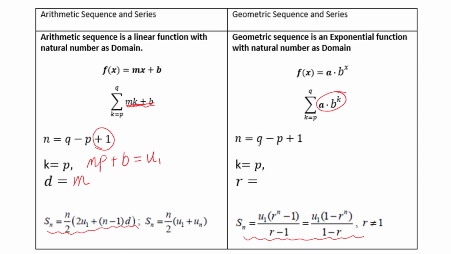N still equals q minus p plus 1. When k equals p, the starting number, then a times b to the p's power equals u sub 1. The common ratio will be the base b.